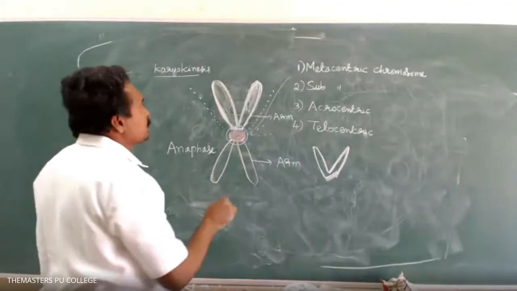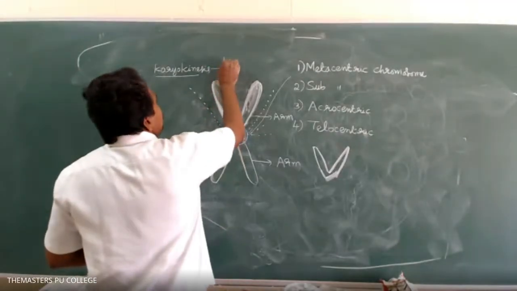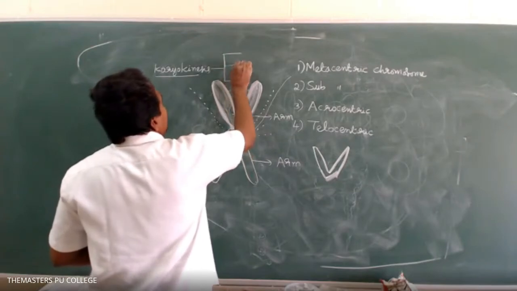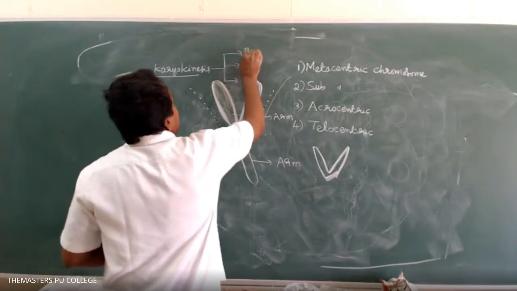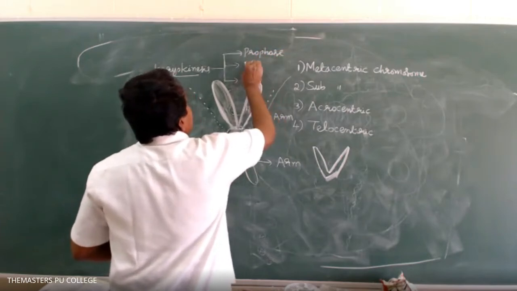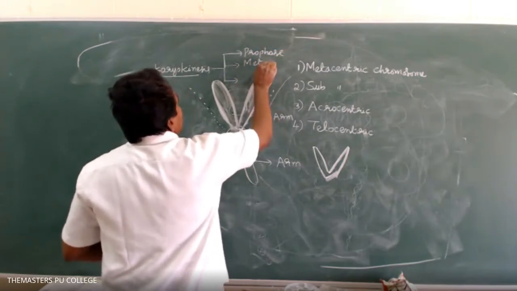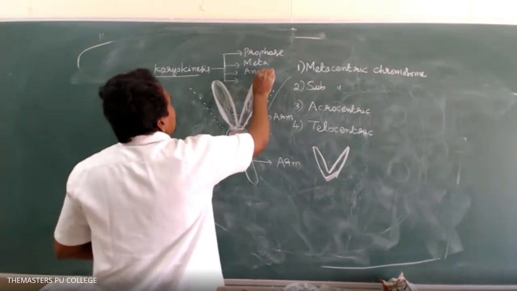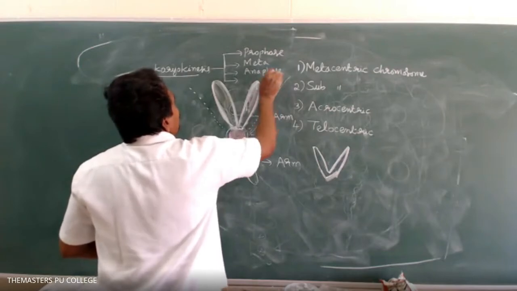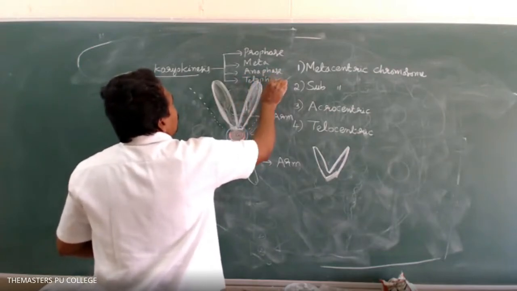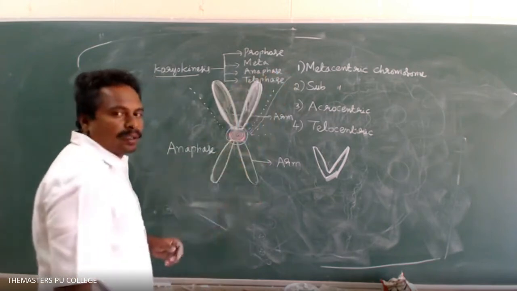The karyokinesis is having 4 substages. They are, one is prophase, second one is metaphase, third one is anaphase, fourth one is telophase.